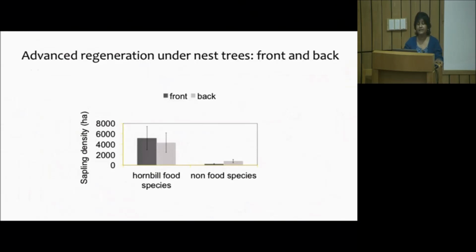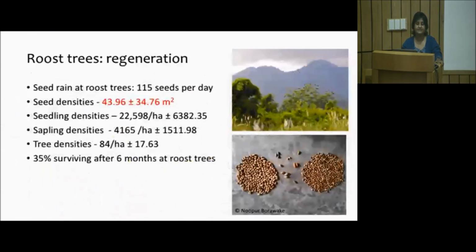But if you look at the sapling stage, you find that these differences disappear because there is further mortality. At roost trees, there is also a huge amount of seed rain. 115 seeds per day is my estimate, and like I already said, high seed densities.